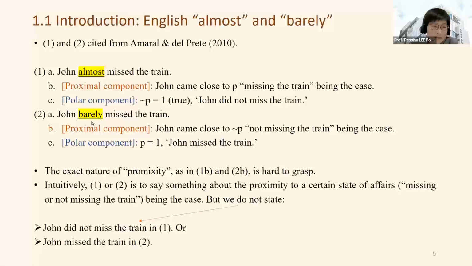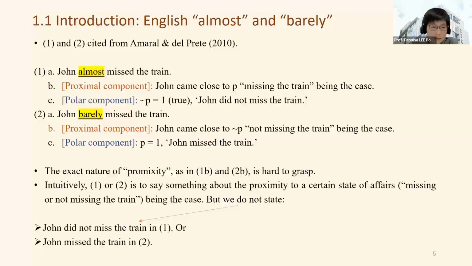For barely, it is similar. However, what is interesting is that for the proximal component, it is John came close to not P, but negative P, not missing the train. So that's why in previous analyses, people argue that barely seems to be a negative version of almost, even though the sentence does not have any negator. It is affirmative in form.